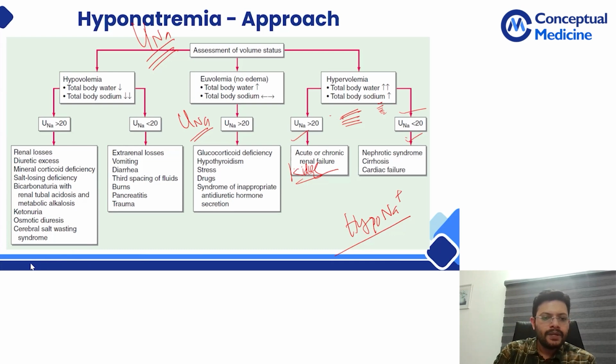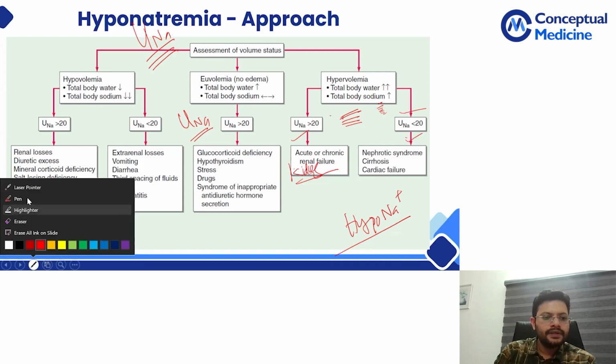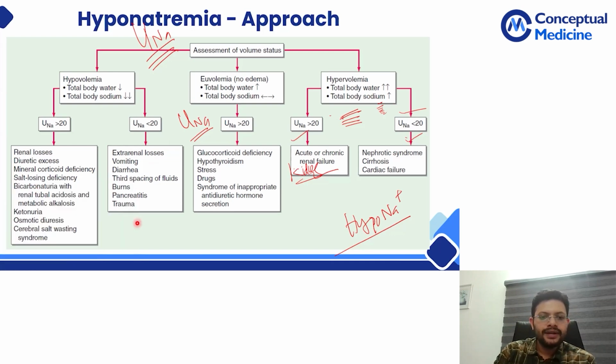So this is where your extrarenal losses are, and sometimes you can have renal losses: remote diuretic use, ongoing diuretic use, salt losing nephropathies, some interstitial nephritis, medullary cystic kidney disease, reflux nephropathy. All these are disorders which are salt losing.